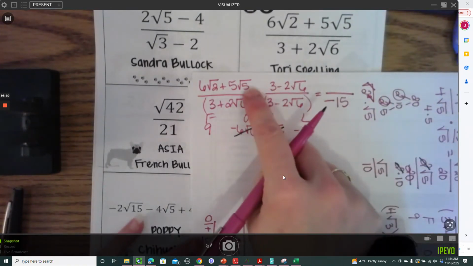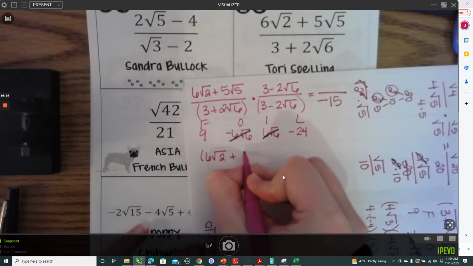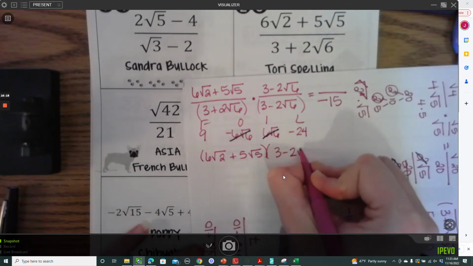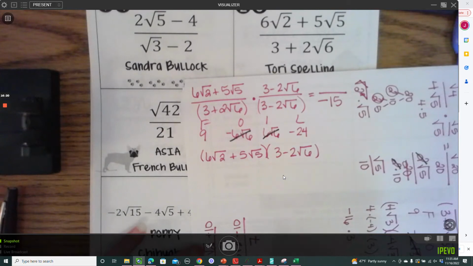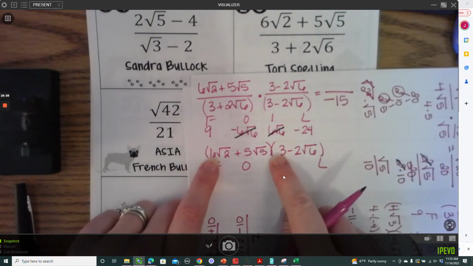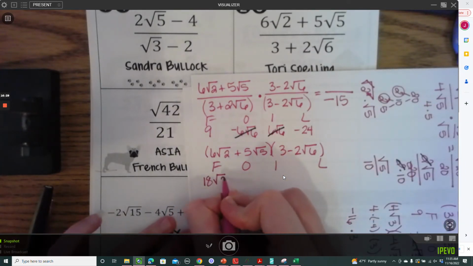I have to FOIL the top this time too, because they're both binomials. Okay, so I got to FOIL again. So first, 6 times 3 is 18. Tack on the square root of 2.